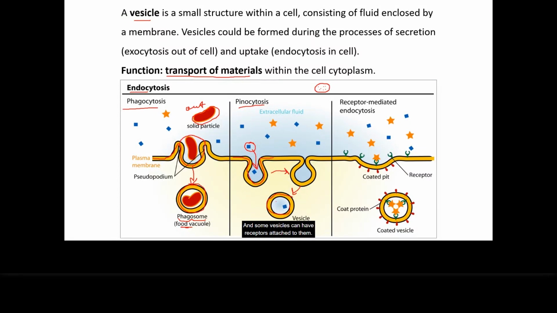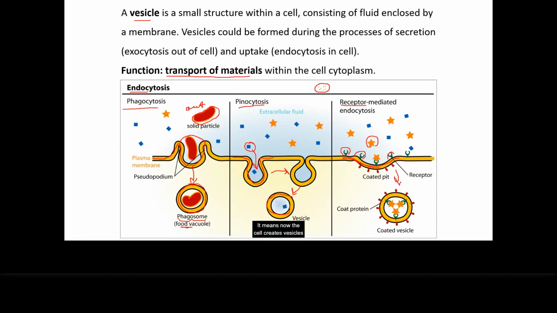And some vesicles can have receptors attached to them. In this case, a receptor is a special 3D-shaped structure on the surface of the cellular membrane. When this membrane makes a pinch again, an invagination to create vesicles, only specialized molecules, like the star shape here, can attach to this receptor.